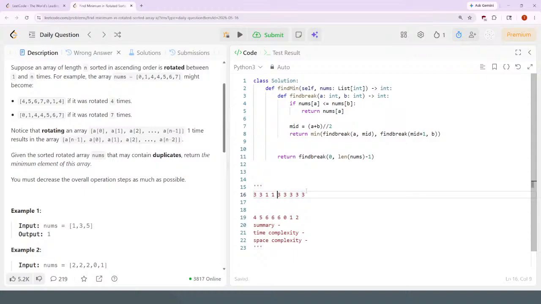So maybe at this point when I see a 3 and a 2, I know that has to be somewhere in there.